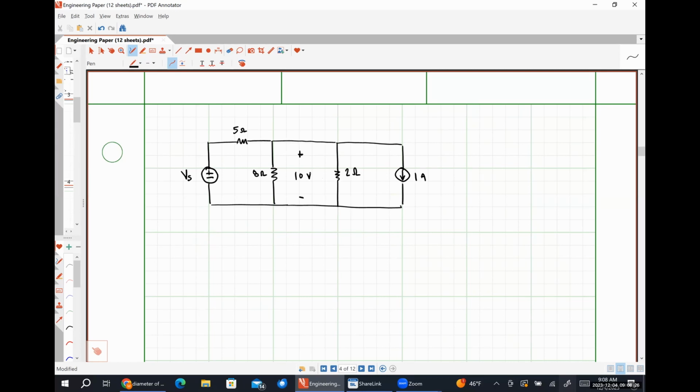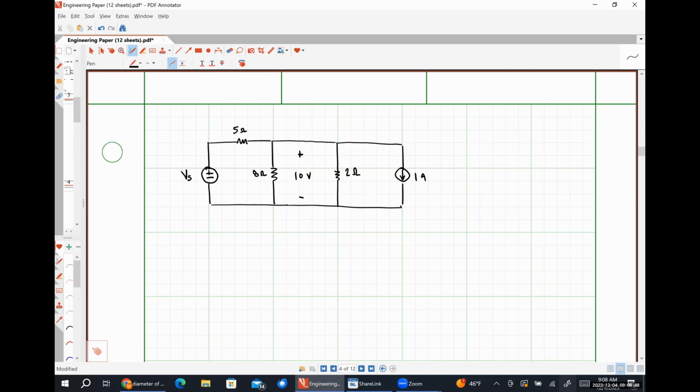All we know to this point is KVL, KCL, and Ohm's law. So let's figure out, based on the information that we've been provided, what we actually know. Anyway, all right.